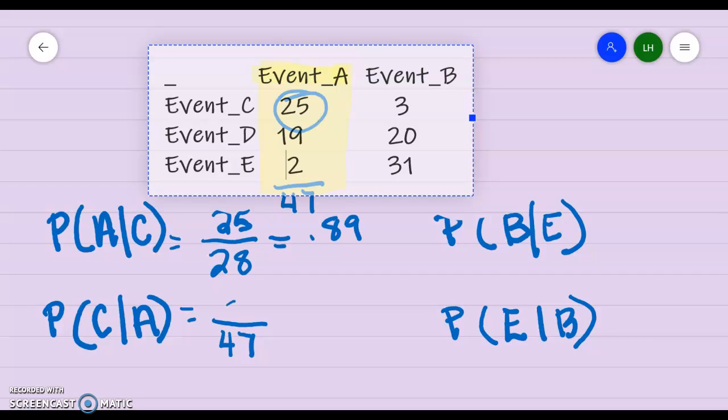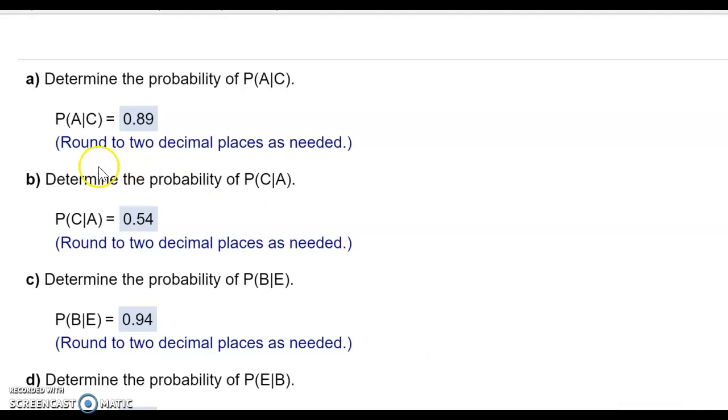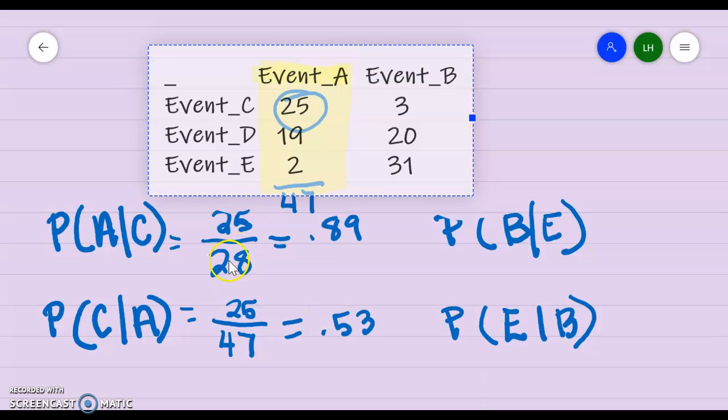That would be 25. So you would do 25 divided by 47, and you would get 0.53. And remember, we are rounding to 2 decimal places. So theirs is 0.54. And I made a mistake. This should be 46. So if you do 25 divided by 46, that would be 0.54.